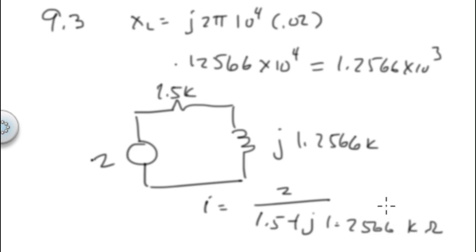So I've got to do that 1.5 plus j 1.2566, 1.5 R to P, 1.2566 equals 1.956. The angle 39.95.